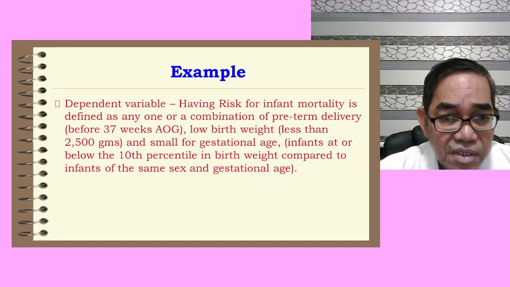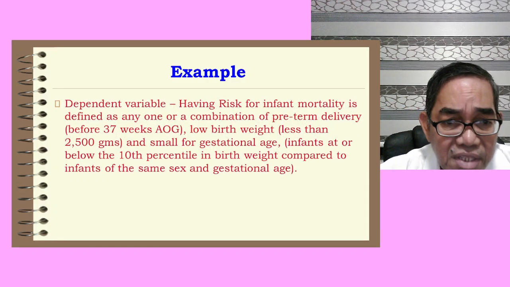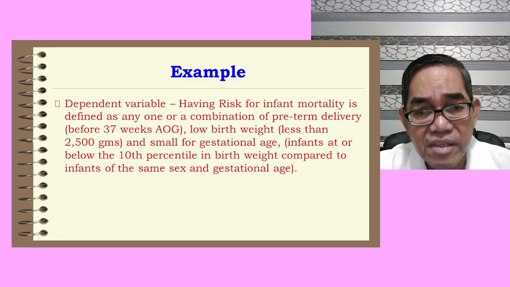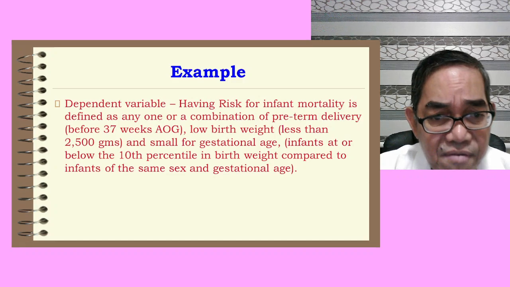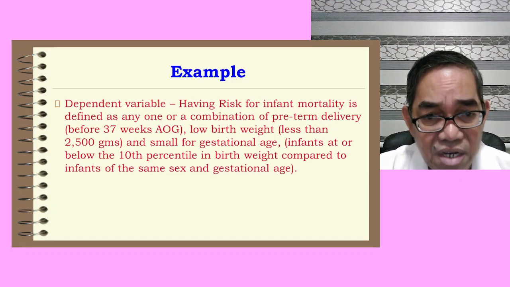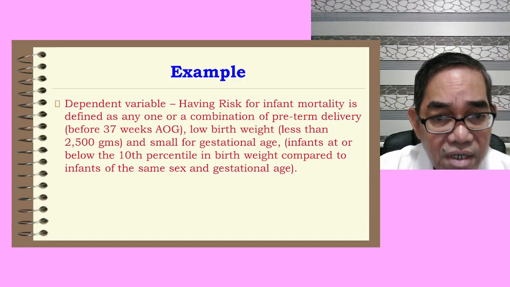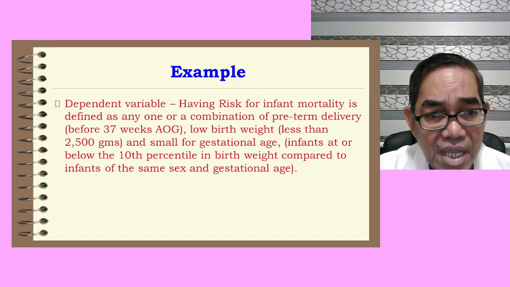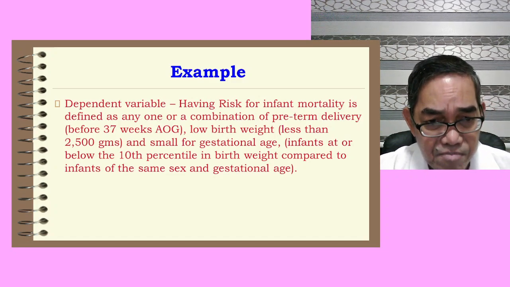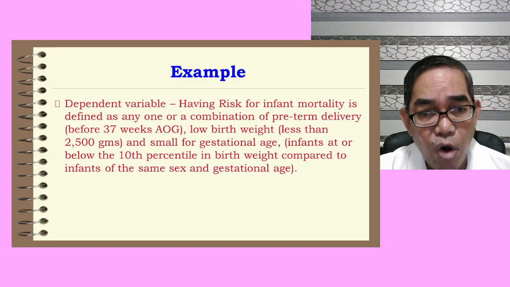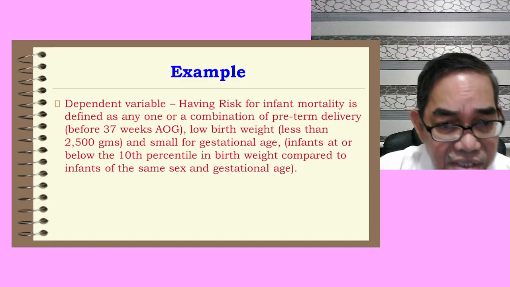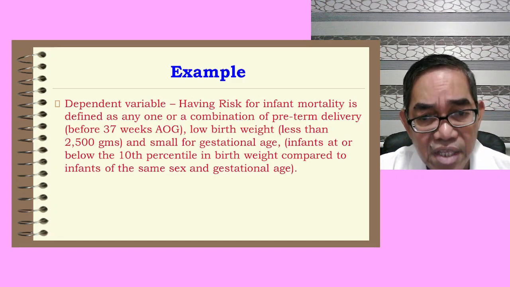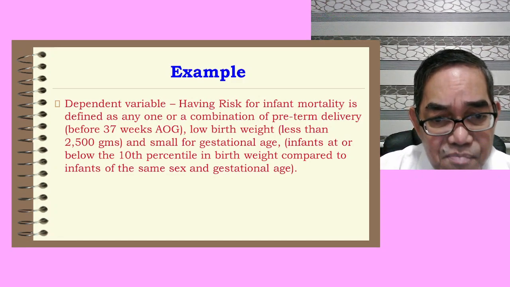Having risk for infant mortality is defined as any one or a combination of preterm delivery before 37 weeks, low birth weight, less than 2.5, and small for gestational age, below the 10th percentile.